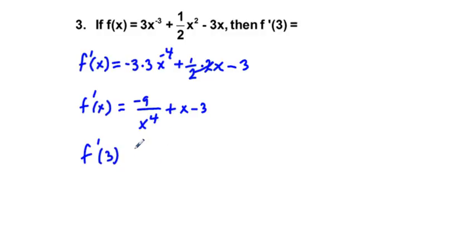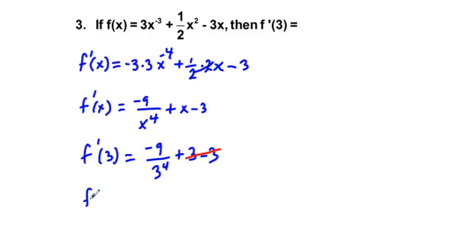Okay, so f prime of 3 equals negative 9 over 3 to the fourth power plus 3 minus 3. And this 3 minus 3, they cancel each other, equals 0.